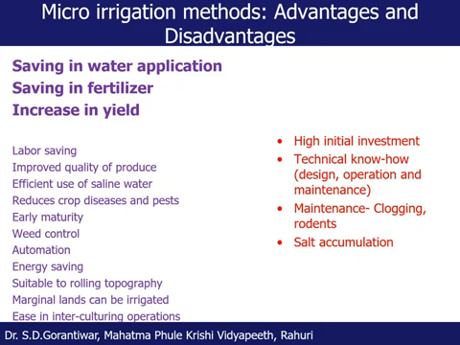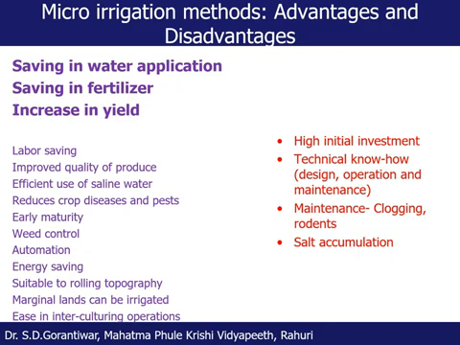Next, we can apply this method to marginal lands. Marginal lands can also be irrigated. Many times there are small pieces of land in some corner and all those things, and applying water with the help of surface and sprinkler irrigation methods is difficult. In the case of the drip irrigation method, we can even have just one lateral, that's all. So it is possible to apply marginal water to marginal lands by the drip irrigation method.